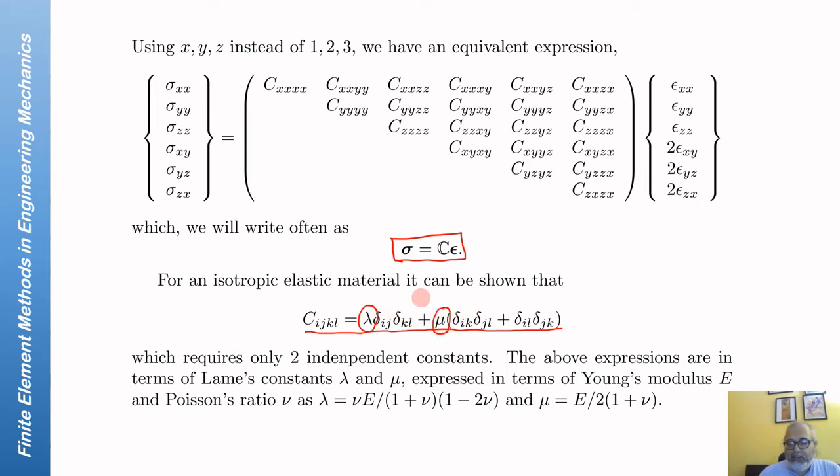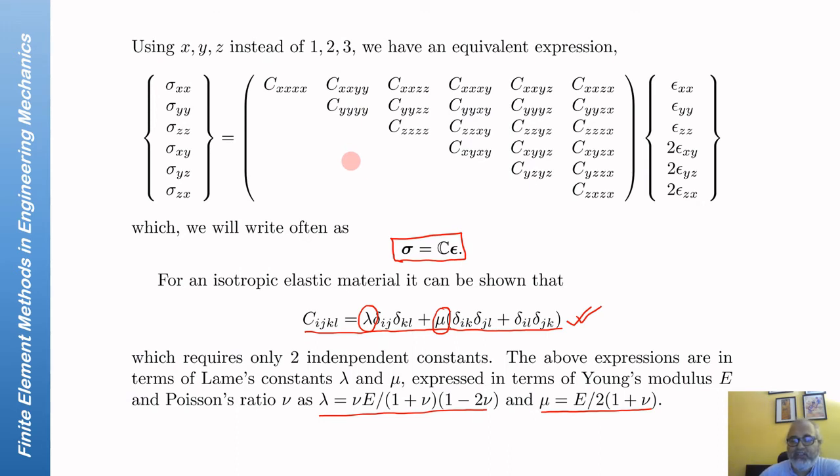These are connected to your more familiar Young's modulus and Poisson's ratio through equations that you must also have studied in your linear elasticity course. So for an isotropic material, which we will use most often, this is the form of the Cijkl tensor.